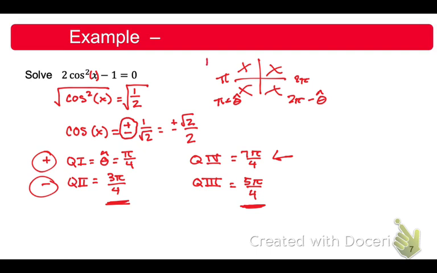Here it's pi minus your reference angle, if you want to think about it that way. 1 more, 1 less, like we've been doing. Quadrant 1 is the reference angle, and then the rest is 1 less, 1 more. Yep.